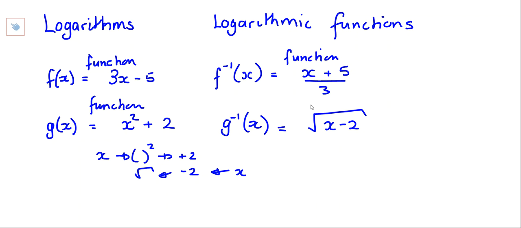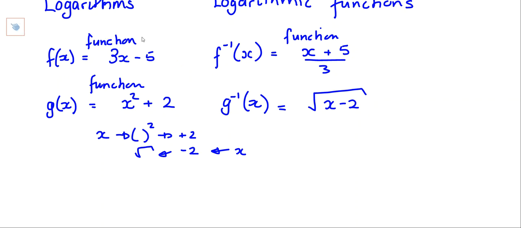You might have read something called the vertical line test. We're only going to touch on it because you'll need this for next year, and you'll do it again next year.